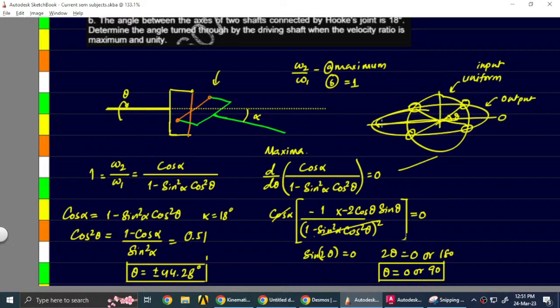The same thing repeats on this side, that is 90, and this side. Okay, so there are 4 such places where the input velocity is equal to output velocity, and also 4 such places where the ratio between input and output velocities is maximum.